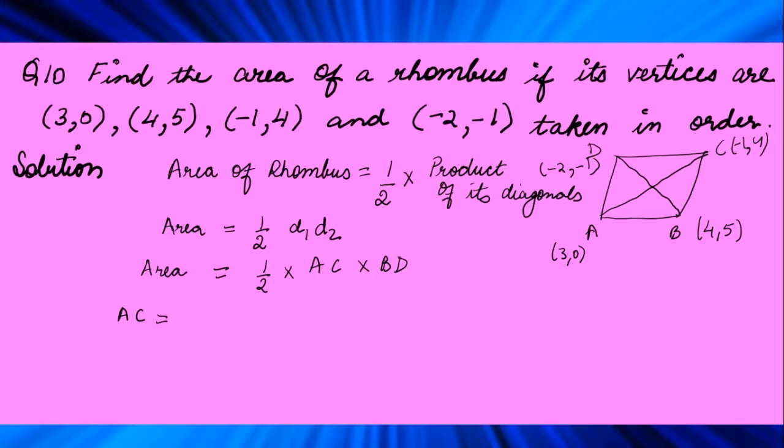AC, so using the distance formula, you know the distance formula, that is D is under root (x2 minus x1) square plus (y2 minus y1) square.